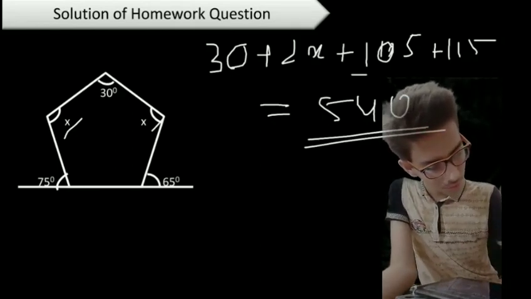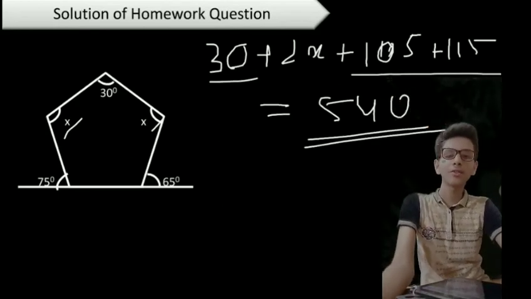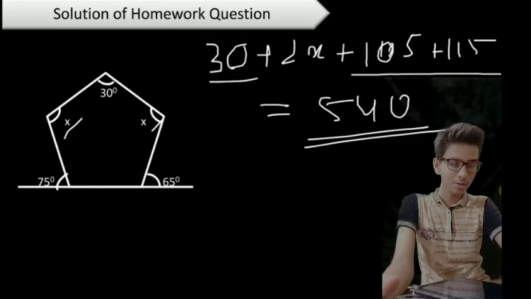Right, so 105 plus 115 plus 30, what is it? 105 plus 115 gives you 220, plus 30 is 250, right?